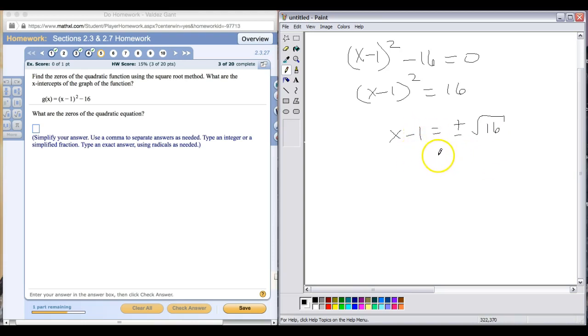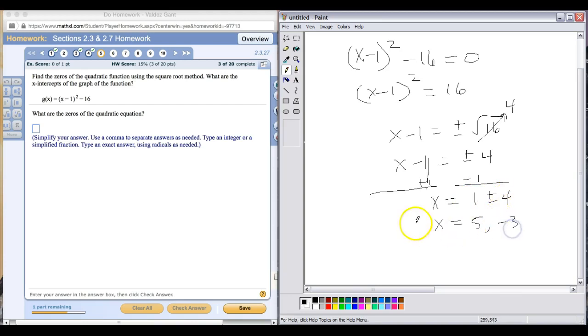And so from here we know that square root of 16 is 4, so we would just have plus or minus 4, and then if we added 1 to both sides, we would see that x ends up being 1 plus or minus 4, which means that x would be, in this case, 1 plus 4 is 5, and the other 1 minus 4 is a negative 3.